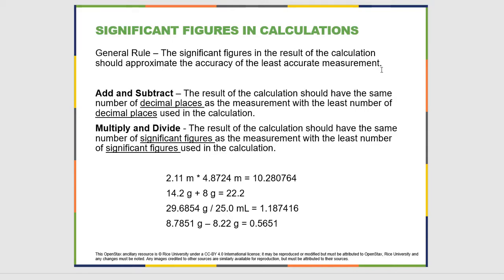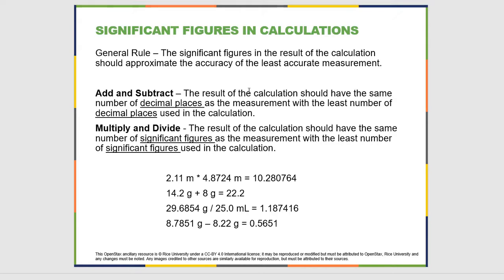So for example, if we are measuring density and we have a balance which has 6 decimal places, and we measure the volume in a graduated cylinder which only has, depending on the size, 1 decimal place, then we have to give the result for our density based on the inaccurate volume measurement, not on the super accurate mass measurement. So that's the general rule. We're limited by our least accurate measurement.